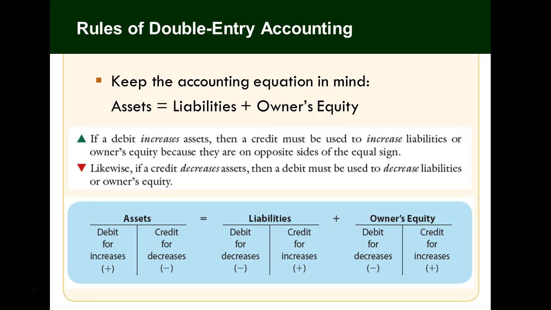The credit side decreases assets. But look over at liabilities and owner's equity. Do you see there that the credit side increases liabilities and increases owner's equity? And the debit side decreases liabilities and decreases owner's equity.